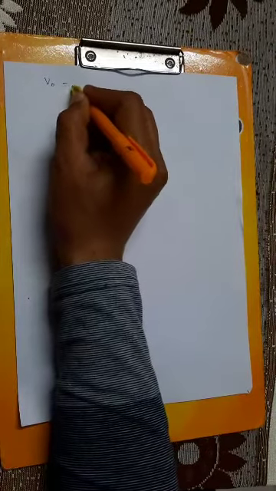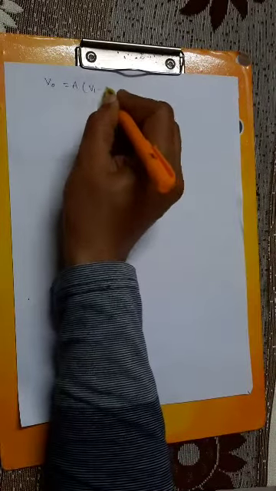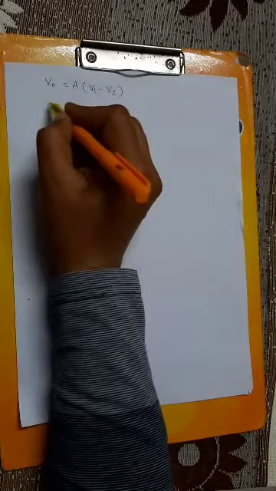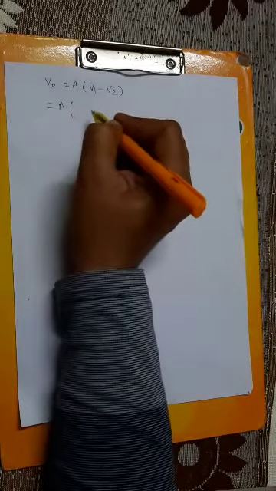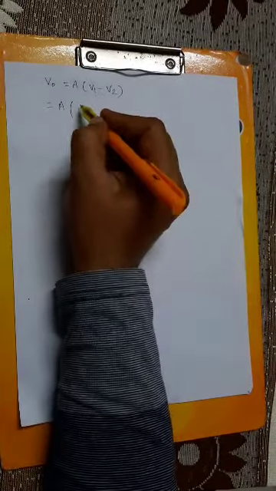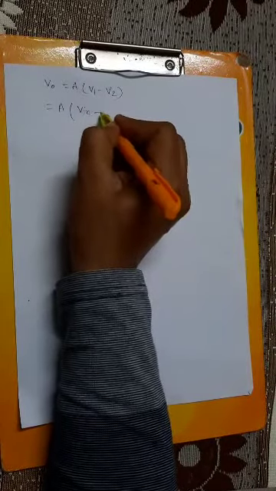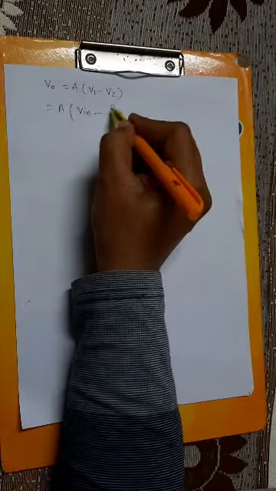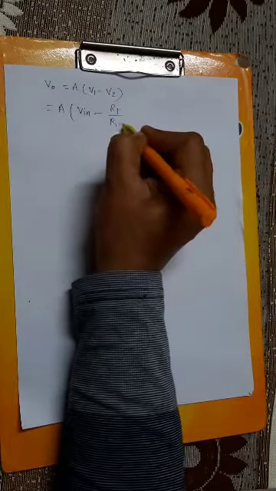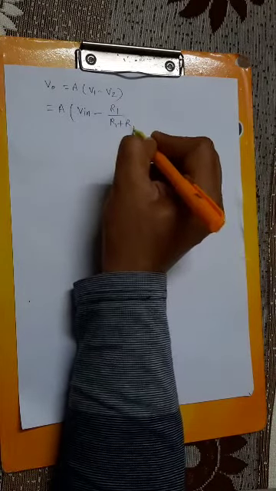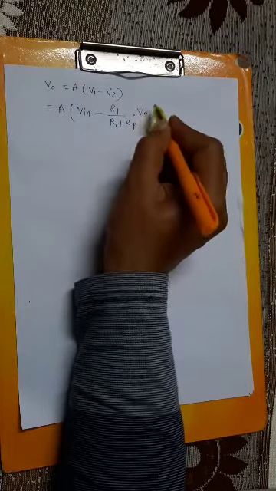V naught is equal to A into (V1 minus V2). So V naught is equal to A V1, where V1 means V input, minus V2. V2 means R1 by R1 plus Rf into V naught.